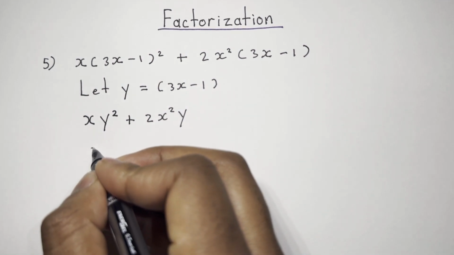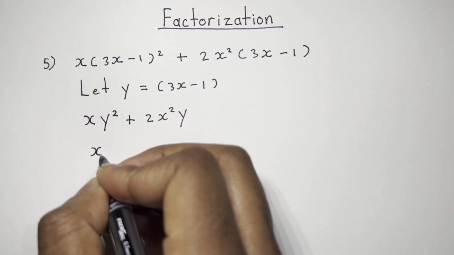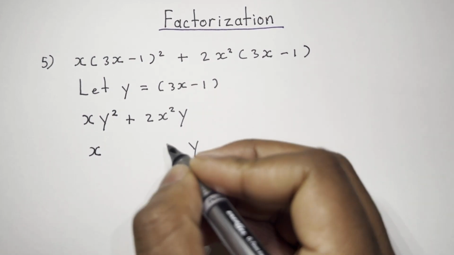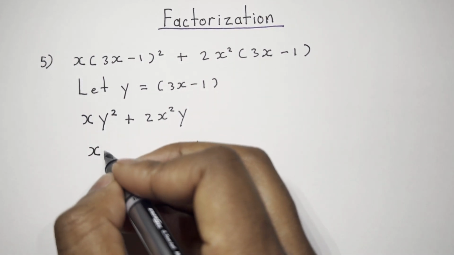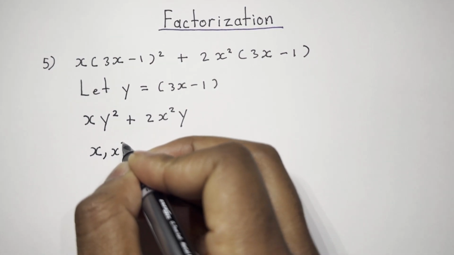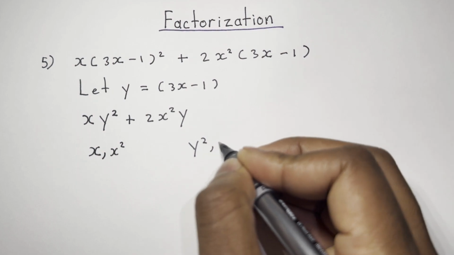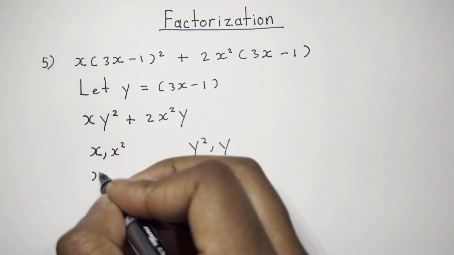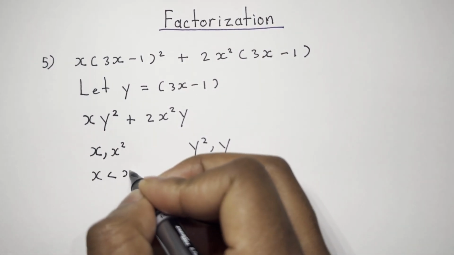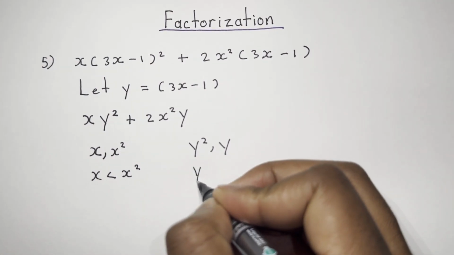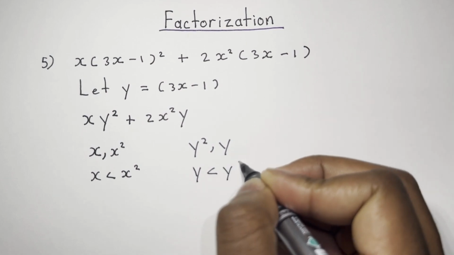So we have x and we have y. So we have x and x squared and y squared and y. And x is less than x squared. And y is less than y squared.